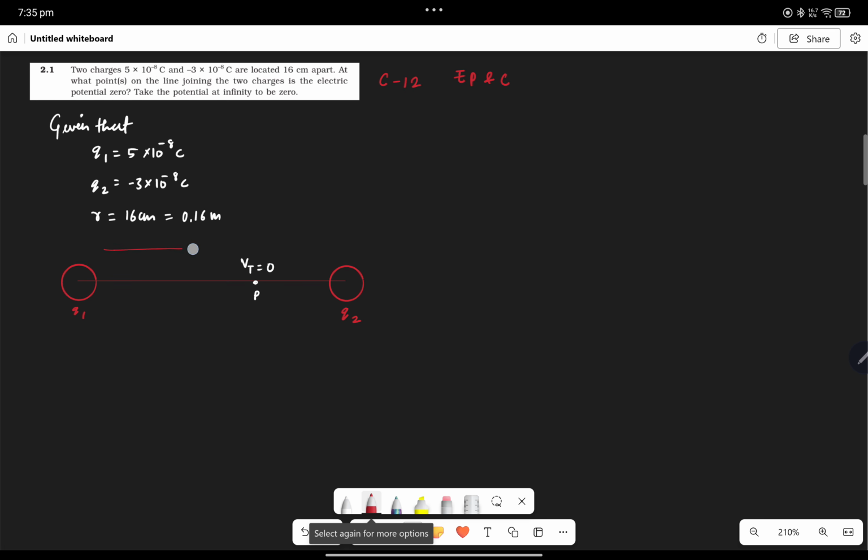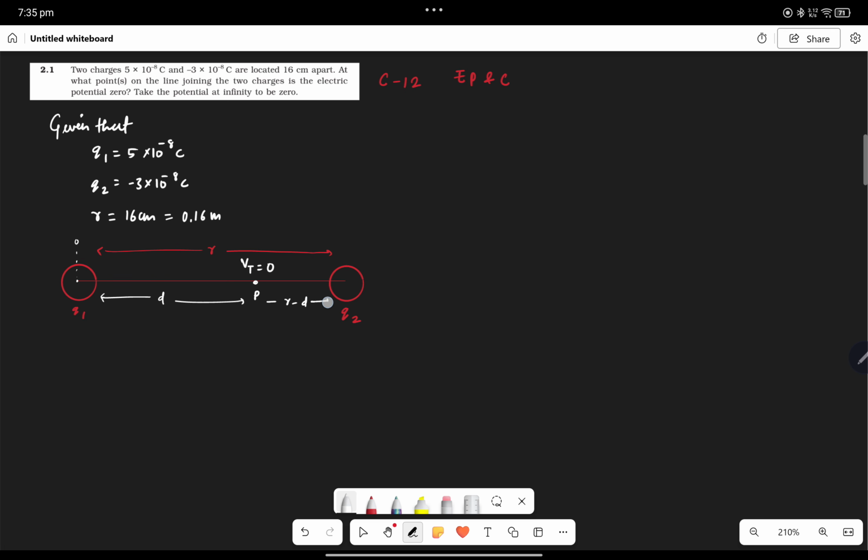From here to here the distance is r, that is given in the question. But now let's assume that this point is your 0 in Cartesian coordinate, and the distance from this point to point P is d. So obviously if this length is d, this is going to be r minus d.